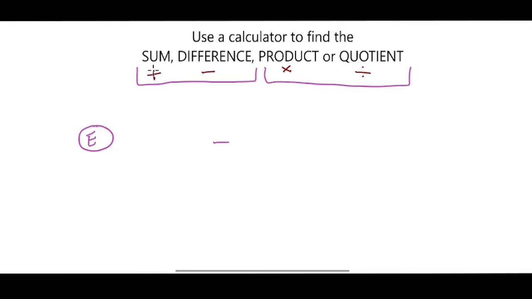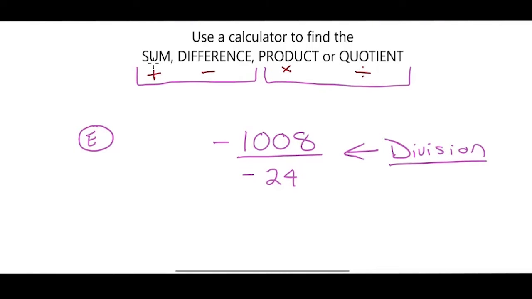Let's say I have negative 1008 over 24. Well, remember that this is division. So the way we do this is first you punch into your calculator 1008, and to make it negative, hit the button that looks like this.